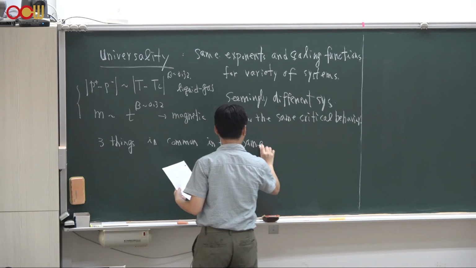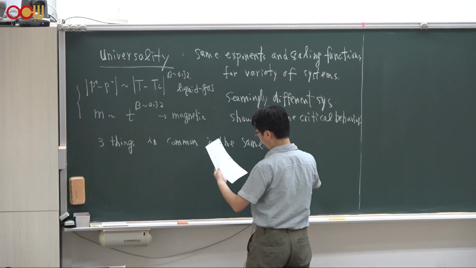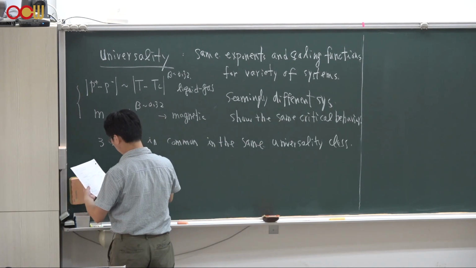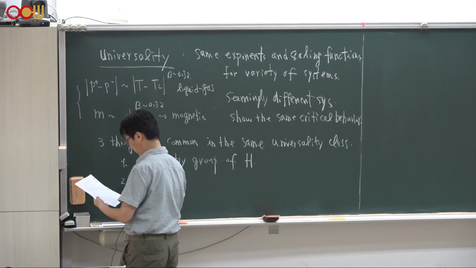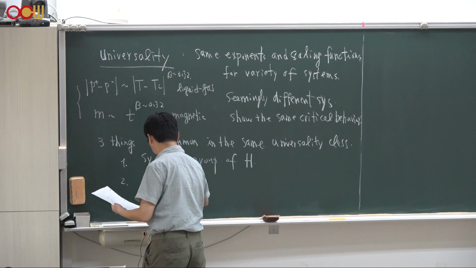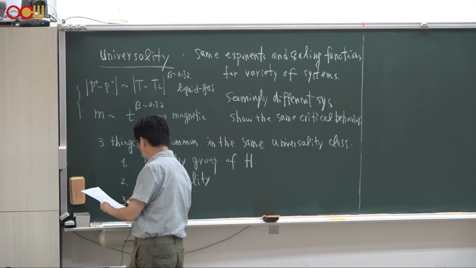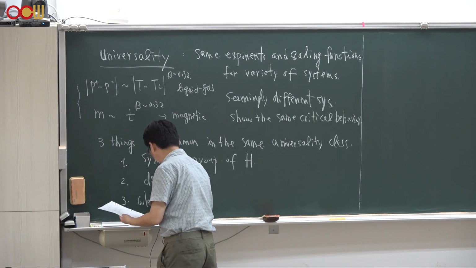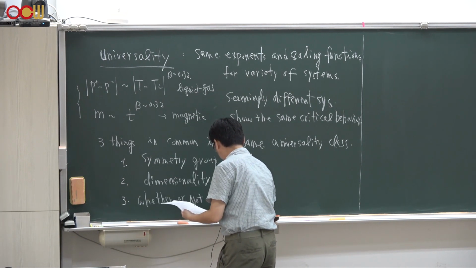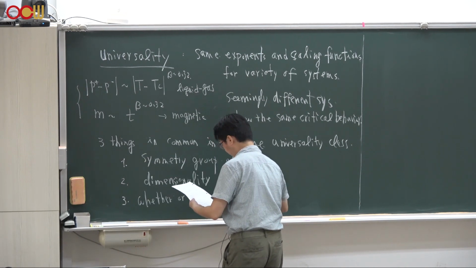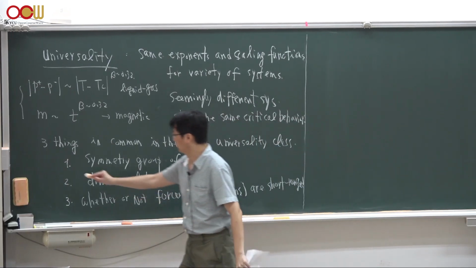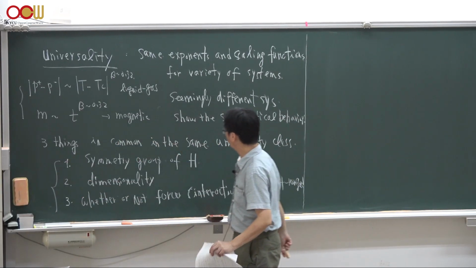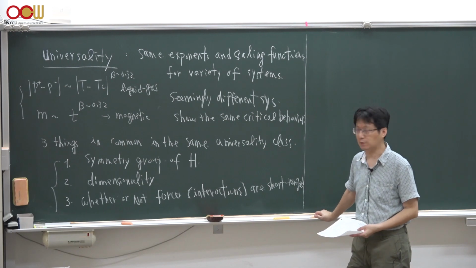Suppose these two systems belong to the same universality class. Number one, they should have the same symmetry group of the Hamiltonian. Number two, the dimensionality has to be the same. And number three, whether or not the forces or interactions are short-ranged. So these factors determine whether very different systems belong to the same universality class.